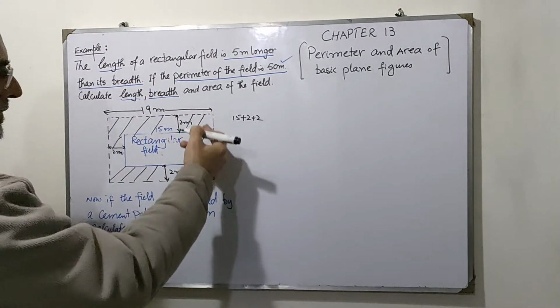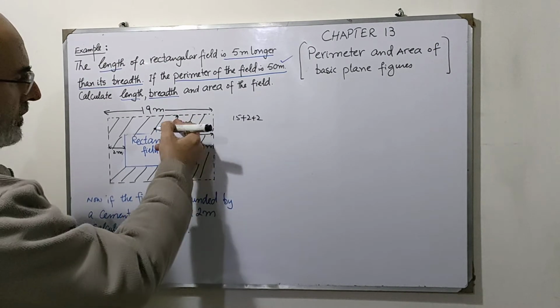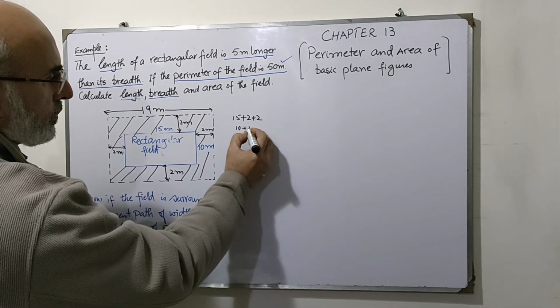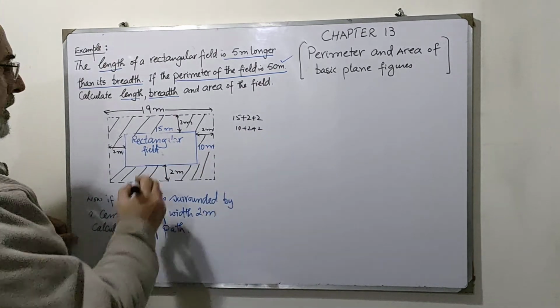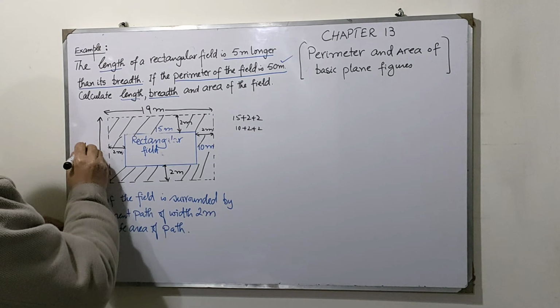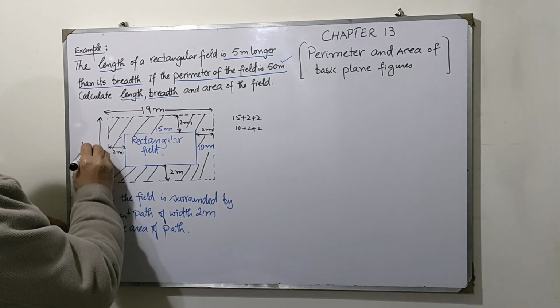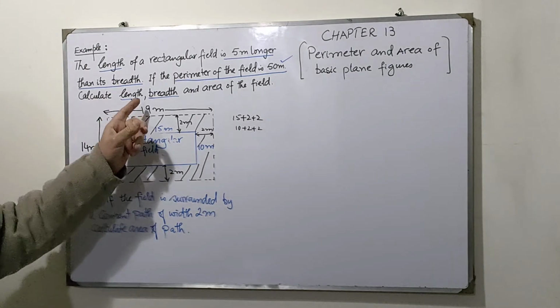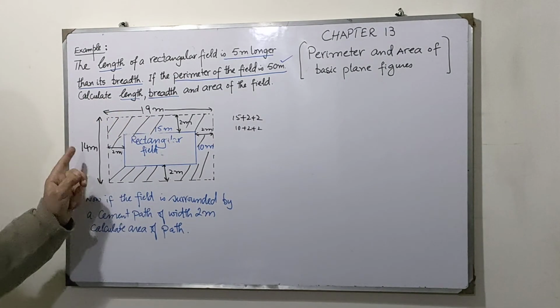The same is the case with the breadth: 10 plus 2 plus 2, so from here to here it is 14 meters.